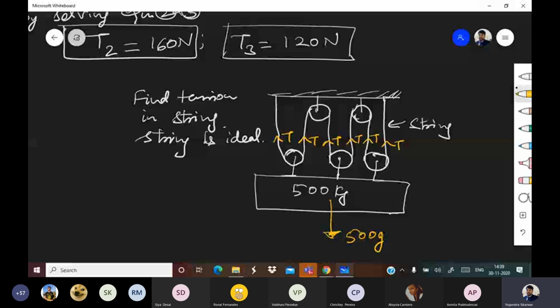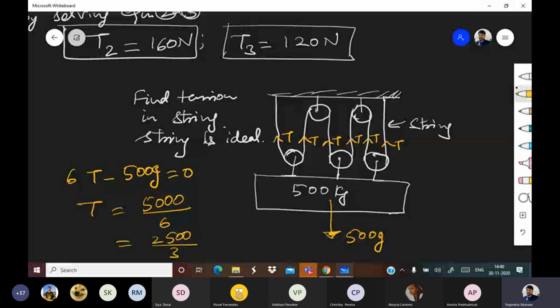So 6T minus 500G is equal to 0. That gives you T is equal to 5000 by 6 is equal to 2500 by 3 is equal to 833.3 Newton. So this is the answer.